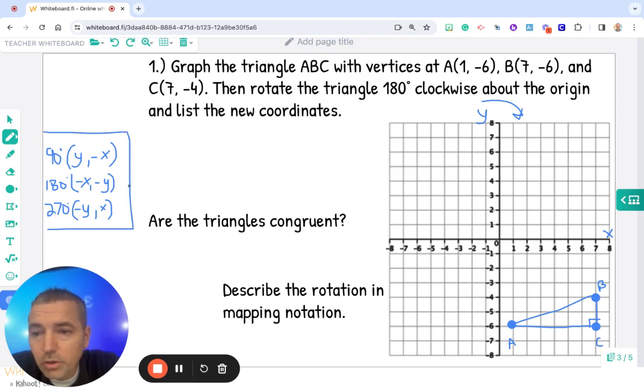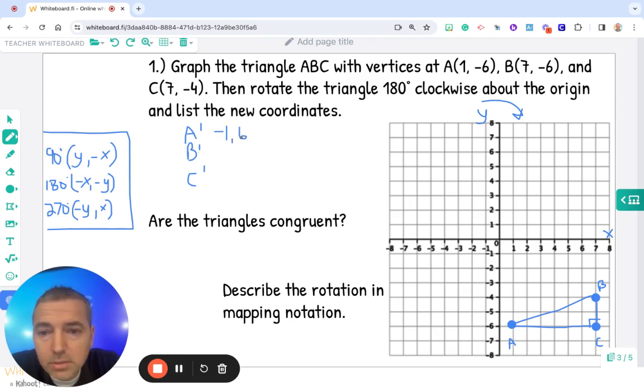So for this one, we're doing 180 degree clockwise. So let's put our new coordinates, A prime, B prime, C prime. For A, the x and y are going to stay in the same positions, but they're both going to change signs. So instead of +1 for x, it'll be -1. Instead of -6 for y, it'll be +6.